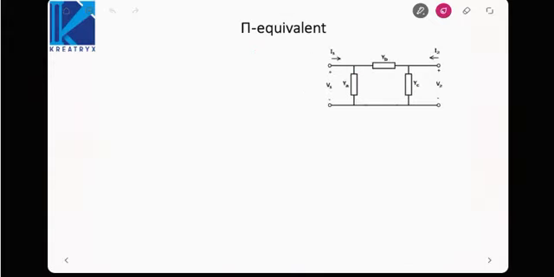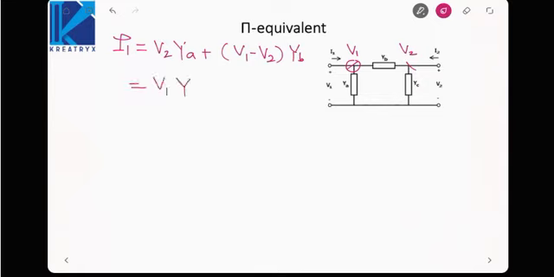Similarly to the T network, we can define a pi network in which we define the Y parameters. Now, this is V1, this is V2. If we apply KCL at node 1, the incoming current is I1, and the outgoing will be V1 into YA plus (V1 minus V2) into YB, that is V1 (YA plus YB) minus V2 YB.